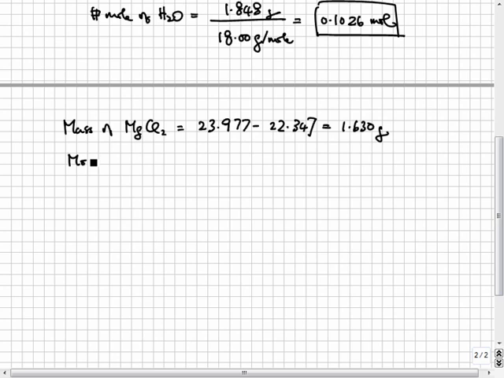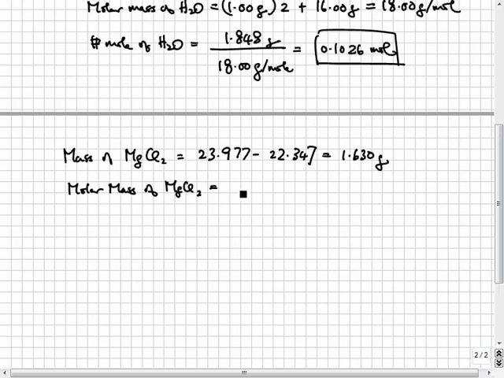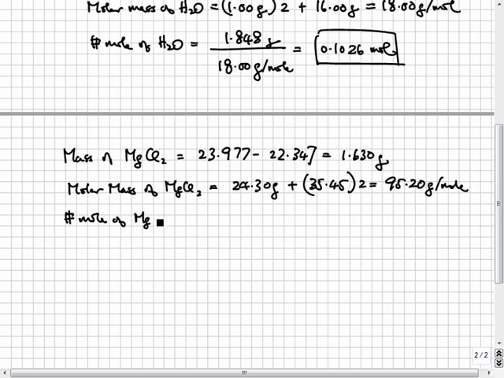We need the molar mass of MgCl2. From these, we can calculate the number of moles of MgCl2, which is 0.01712 mole.